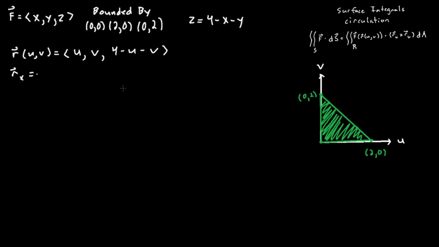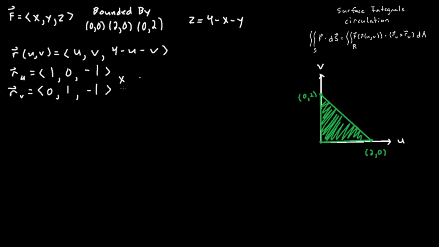Now, what we have to do is find the u partial, not x. I'm instinctively writing x. We have to find the u partial. So the u partial for this is just 1, 0, negative 1, and the v partial is just 0, 1, and negative 1.